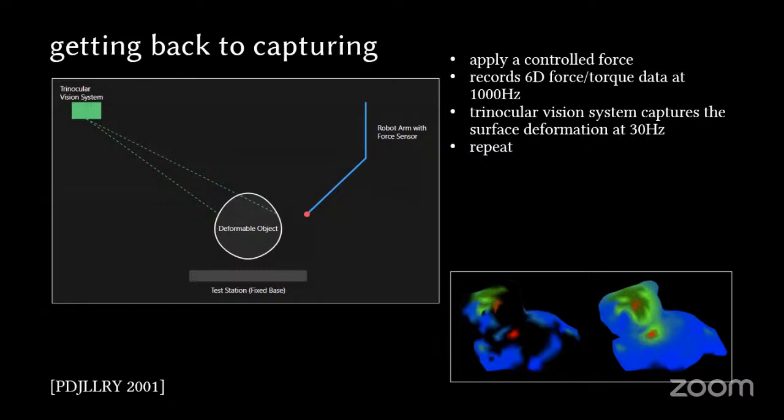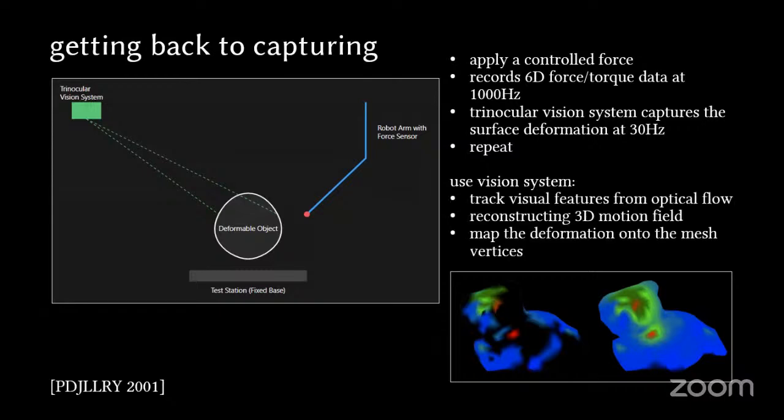You would also use some kind of optical flow to calculate how much it's moving. So in this case, you have the undeformed object and you know how much it's moving given a force, because you did optical flow calculations. The vision system would do all of this and map whatever deformation you have onto the mesh vertices.